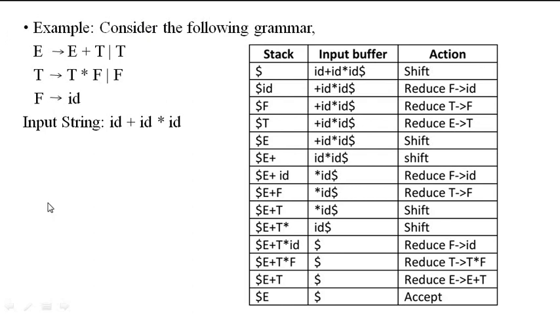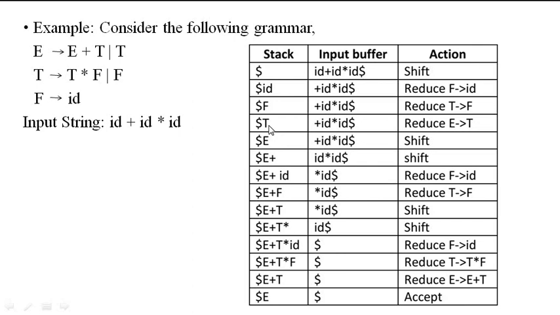Not directly, but T gives F, and E gives T. So from F to T and T to E. So reduce T gives F. So F is reduced by T. Input plus ID star ID dollar.